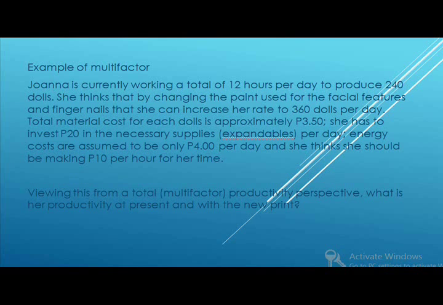She has to invest 20 pesos in the necessary supplies, expendables per day. Energy costs are assumed to be only 4 pesos per day, and she thinks she will be making 10 pesos per hour for her time. Viewing this from a total multi-factor productivity perspective, what is her productivity at present and with the new print?